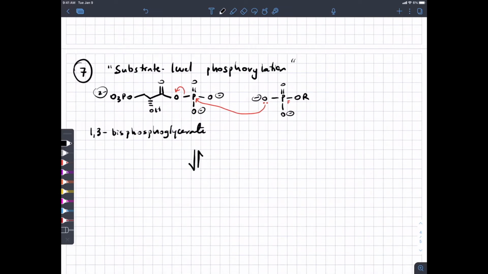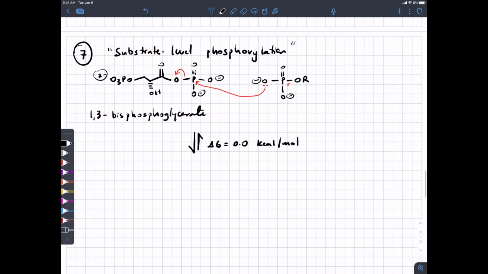And this step is actually pretty neutral in terms of free energy, which should be a little bit surprising, I guess, because you just made ATP, and that should be expensive to make in terms of energy, because ATP is a high energy molecule.